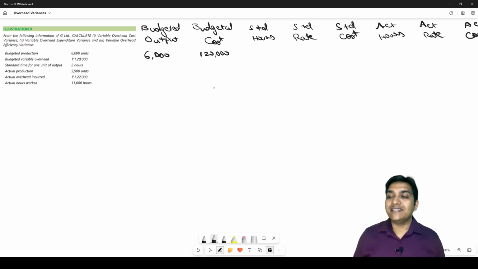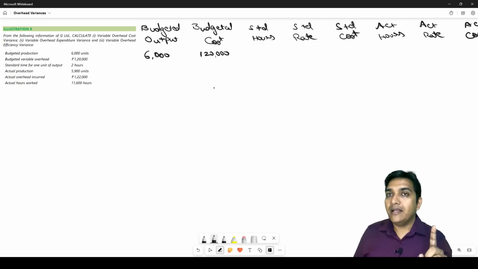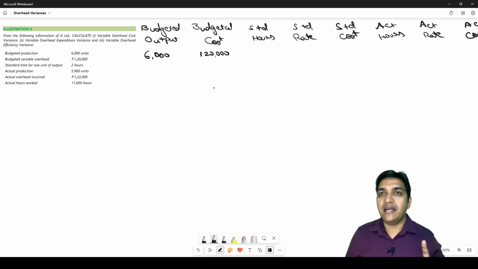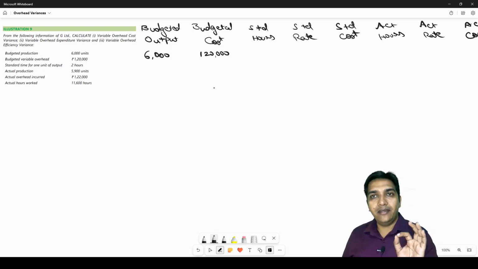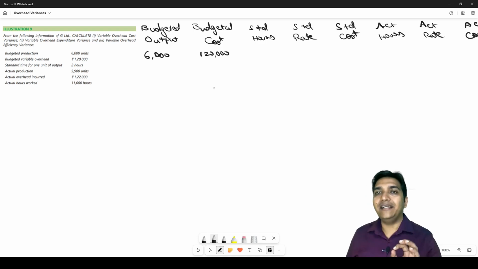Now the question says standard time for 1 unit of output is 2 hours. This is standard hours for 1 unit of output, so this is not my total standard hours. This is standard hours for just 1 unit of output. So we will not take this as standard hours. We will have to compute our standard hours. We will come to that later.